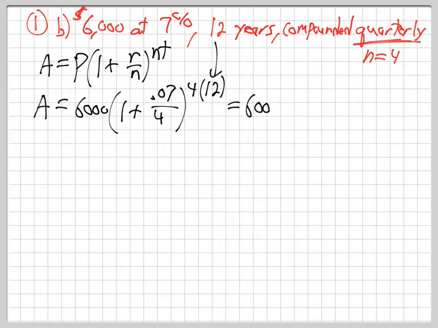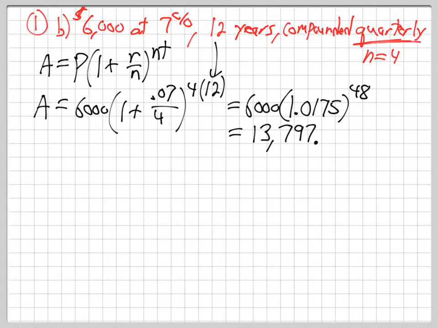That'll be 6,000 times the inside: 1 plus 0.07 divided by 4 is 1.0175, and 4 times 12 is 48. Hit the buttons on your calculator. You will get 13,797.59.